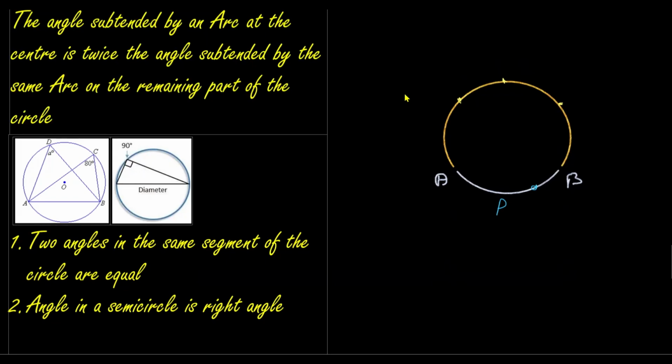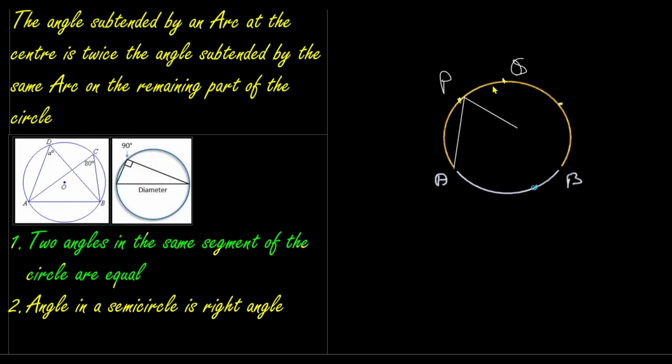Here, the first one, as I said, is that two angles on the same segment of the circle are equal. So consider this time the arc AB, and using this arc AB, I take two points, say P here, and the other point Q. Now if I join these, I get two angles.